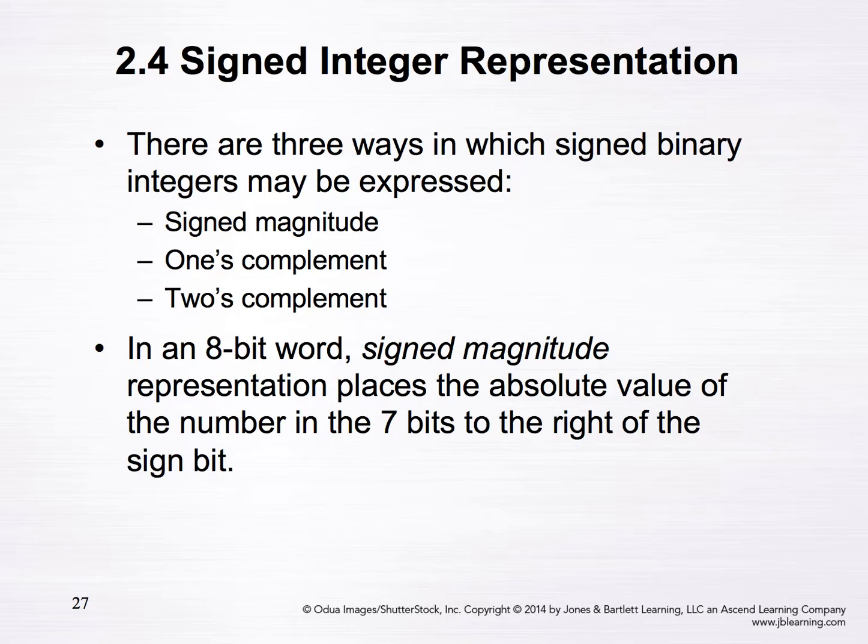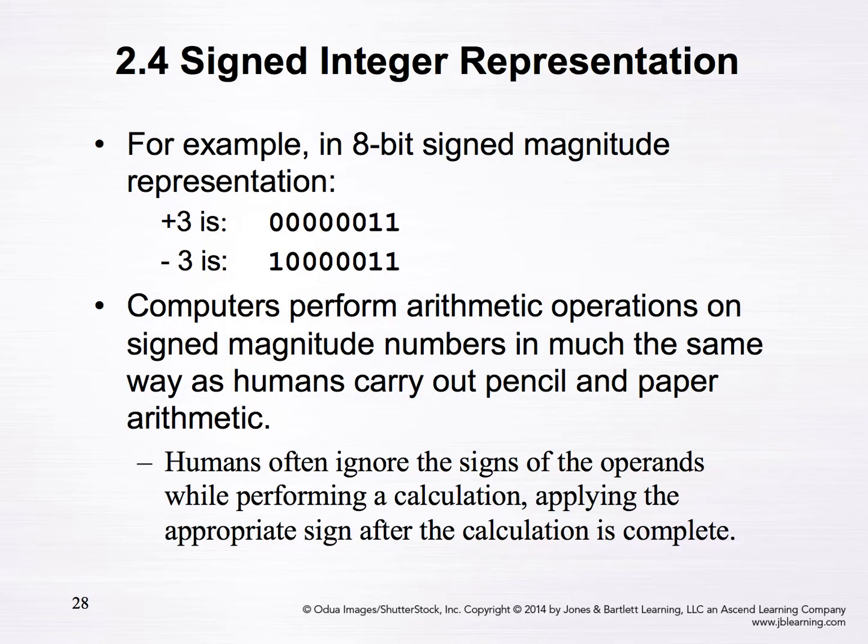For example, in an 8-bit word, the signed magnitude representation places the absolute value of the number in the 7 bits to the right of the sign bit. Here's an example of 8-bit signed magnitude representation.